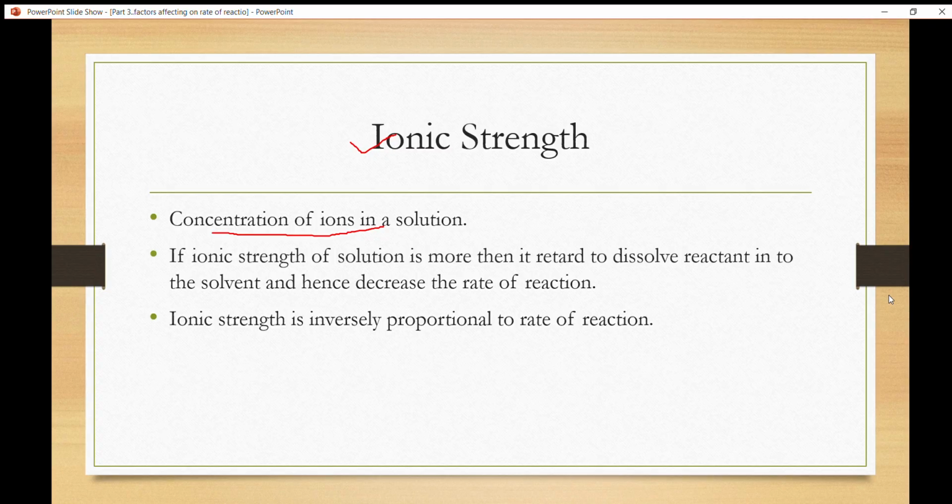If the ionic strength of a solution is more, it retards the dissolution of a reactant, and if the dissolution of a reactant in the solvent decreases, then the rate of reaction also decreases. So ionic strength is inversely proportional to the rate of reaction: if the ionic strength is more, the rate of reaction is less, and if the ionic strength is less, the rate of reaction is more.